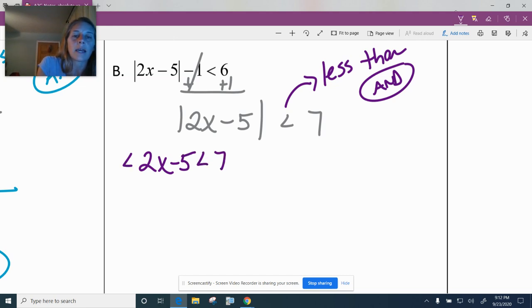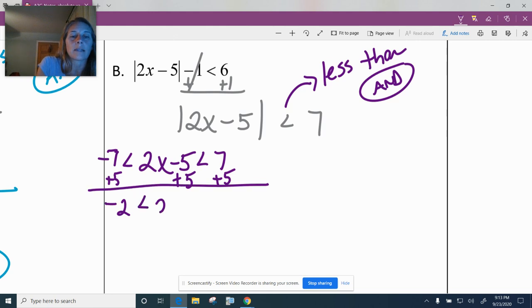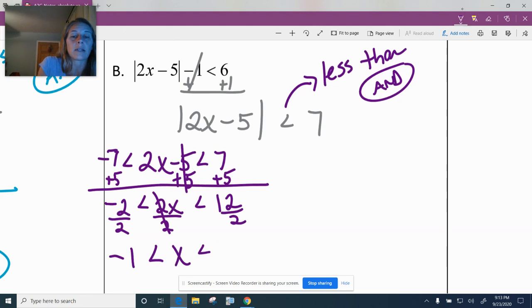And on the other side here, I'm going to put the less than sign again with the -7. Now we're solving. Adding 5. So we have -2 is less than 2x, which is less than 12. Now we're dividing everything by +2. -1 is less than x, which is less than 6.